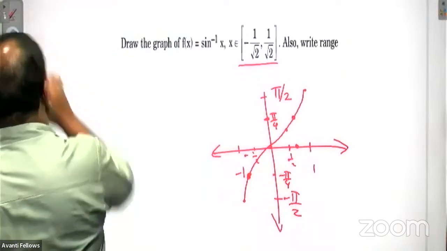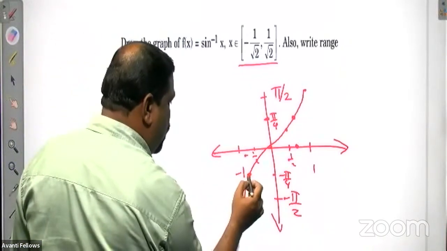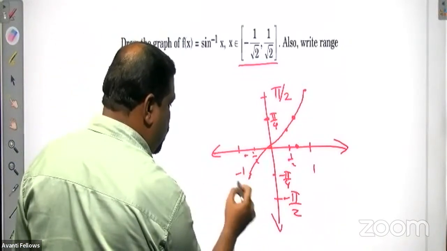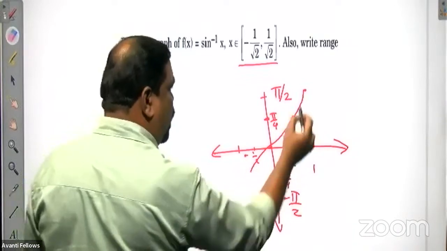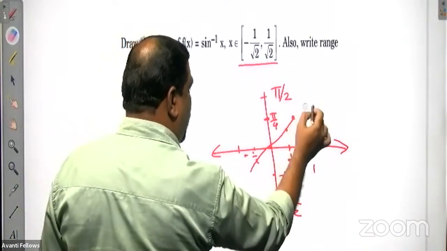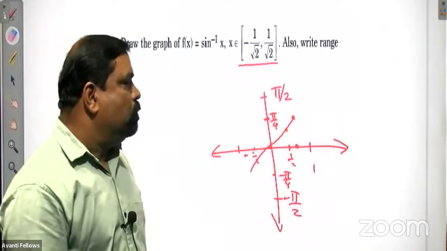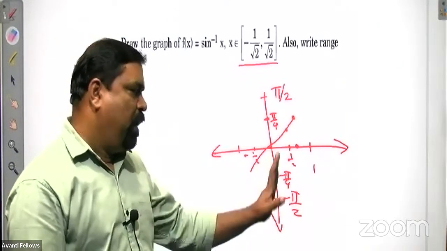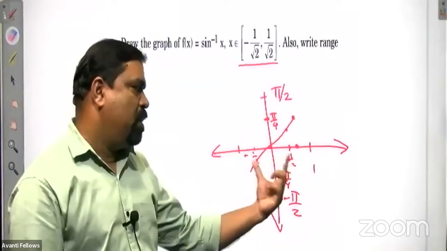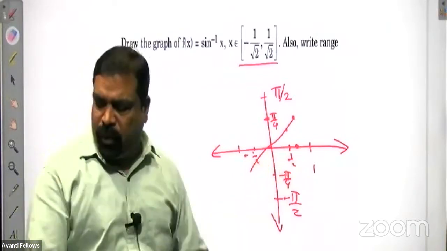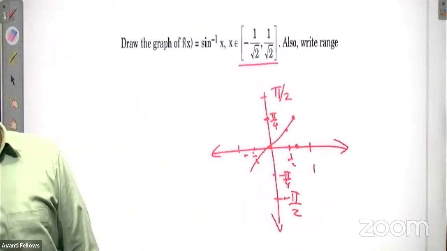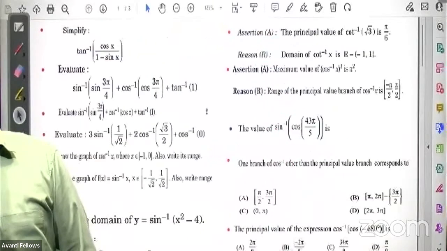That is the only required graph we have to draw, up to here and here only. So roughly, if you sketch, you will get a graph like this. If you want, I can show you the exact graph also. Just wait a minute.